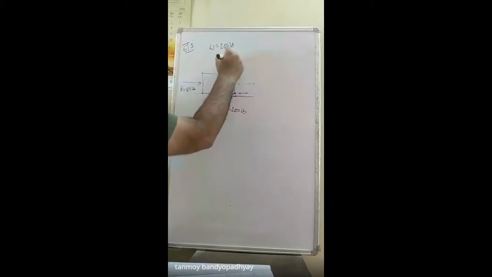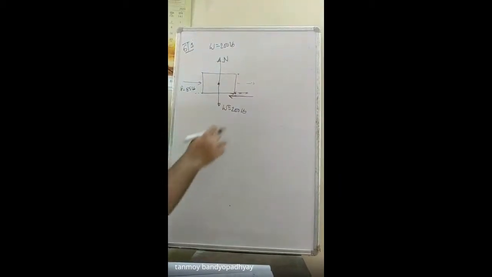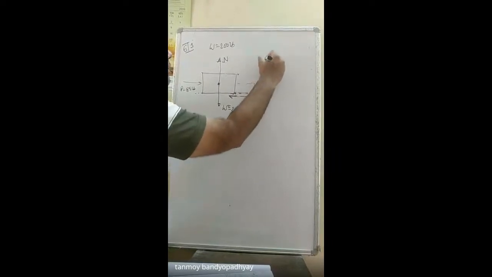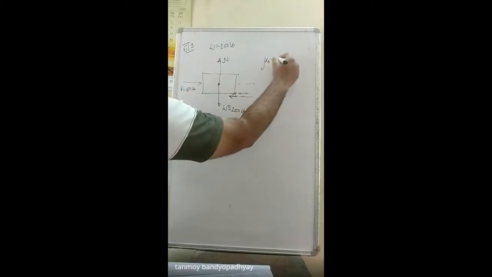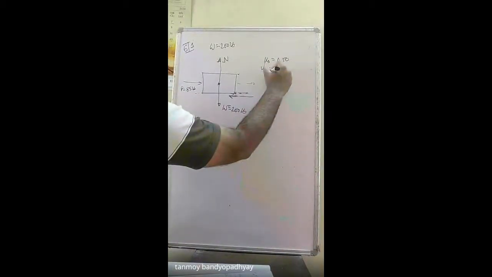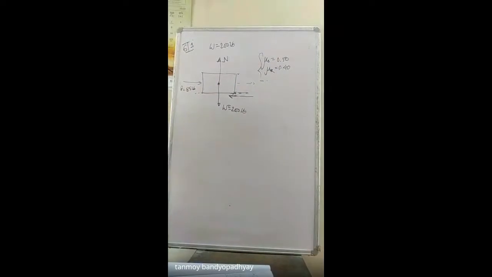This is the normal reaction N acting on the body, and this is the frictional force acting on the body. The values of mu s and mu k are given. mu s is given to be 0.50 and mu k is given to be 0.40. These are the values for the contact surface, where there is contact between the two surfaces.